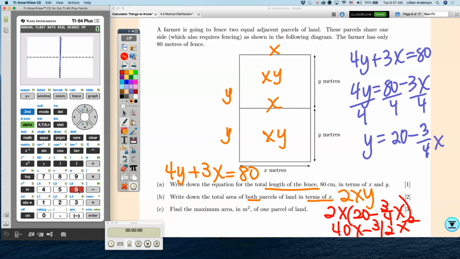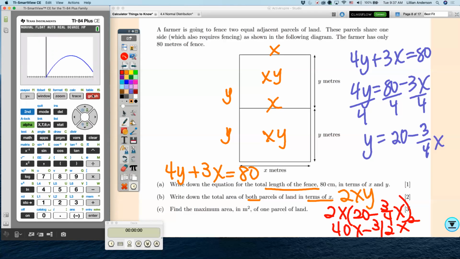Of course, we can do negative b over 2a and then plug it in to find the maximum area, or we can look at the graph and find the maximum point. I have to adjust this some so I can see it. There we go.